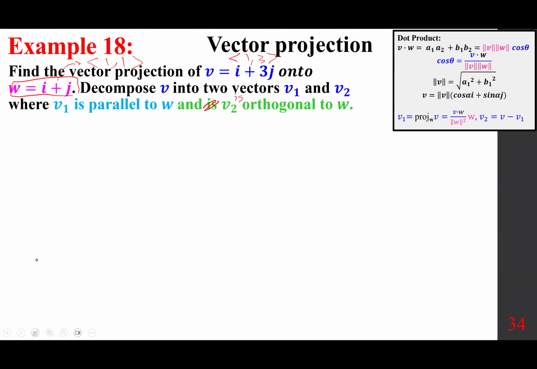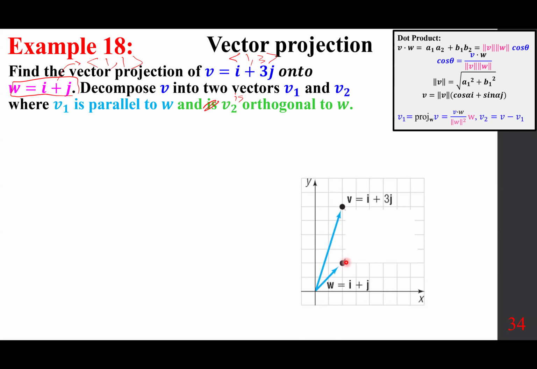This one, the components are 1 and 1. So we go to the XY axis, 1 and 1, and 1 and 3. They give us the two vectors. So this is the V, this is the W.